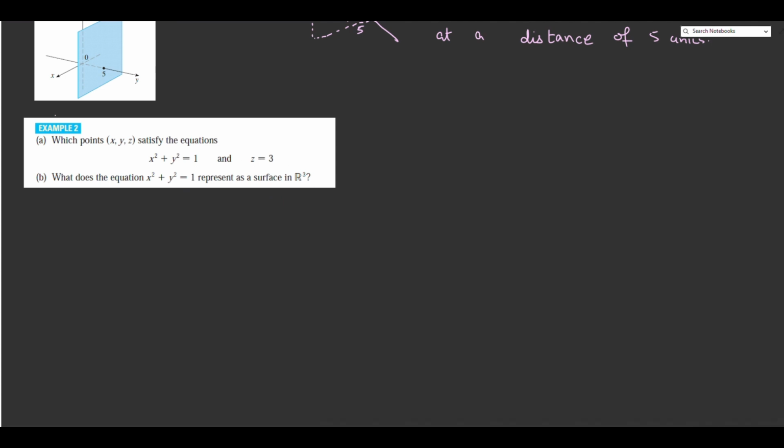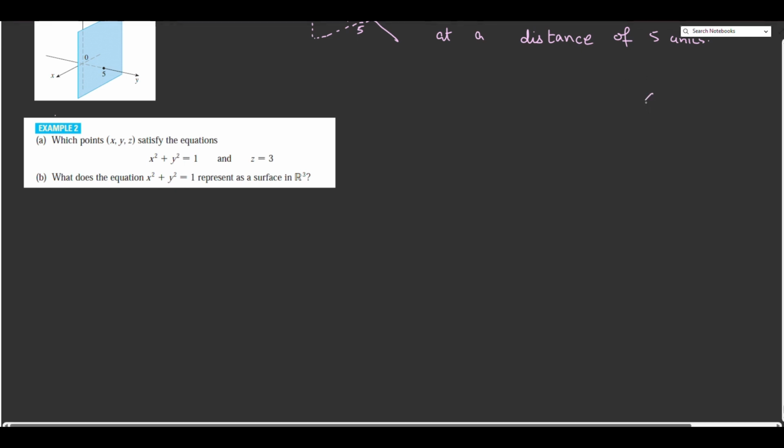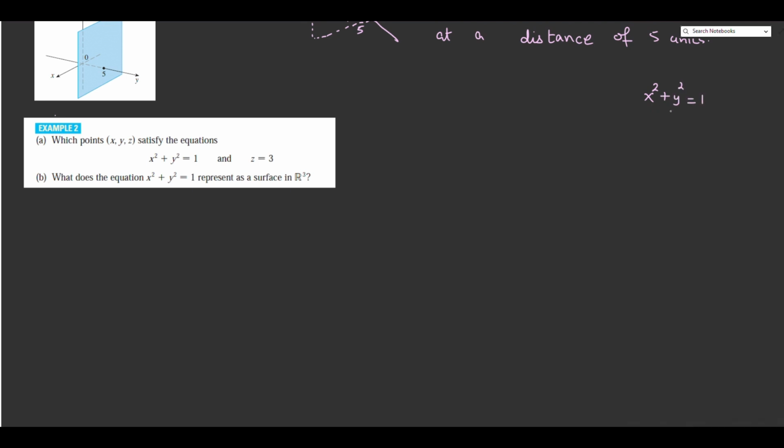Okay, so let us describe these things. We know from our previous knowledge, let's say calculus 1 or calculus 2, that x square plus y square equals 1 is the equation of a circle.